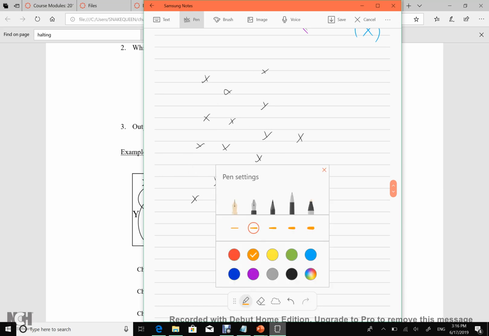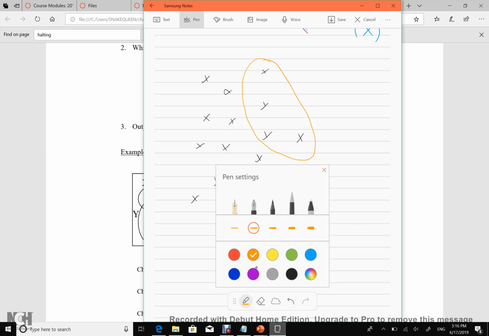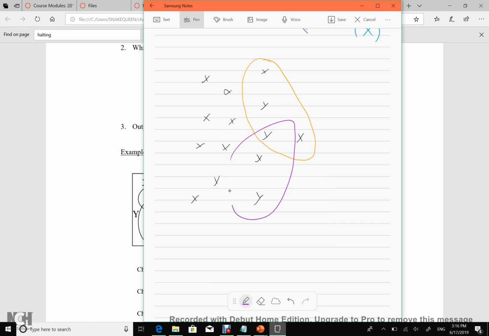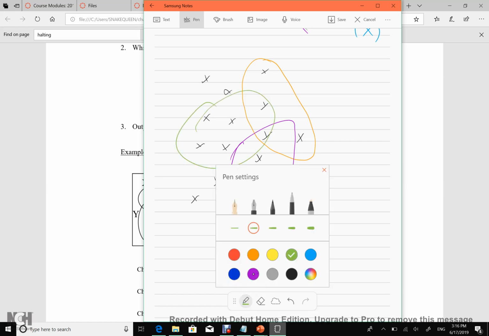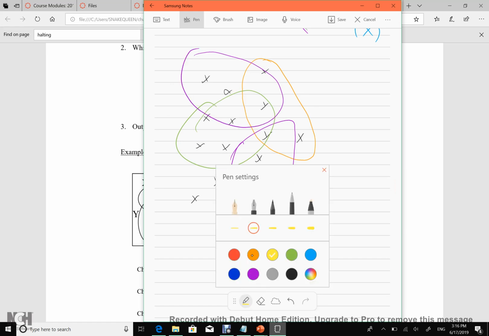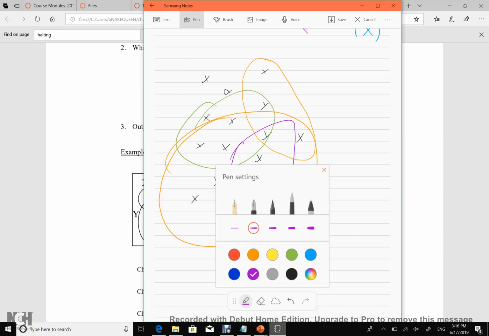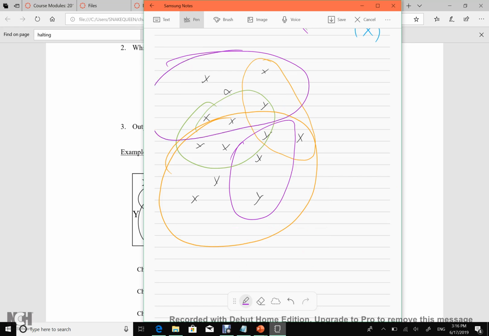Each corresponds to one person, and this person can belong to different clubs.